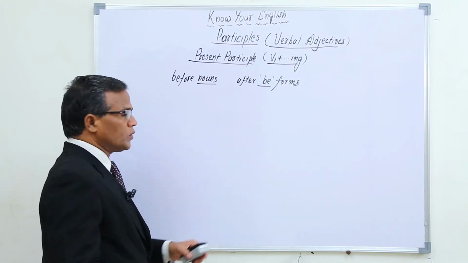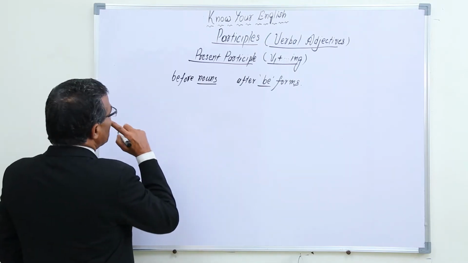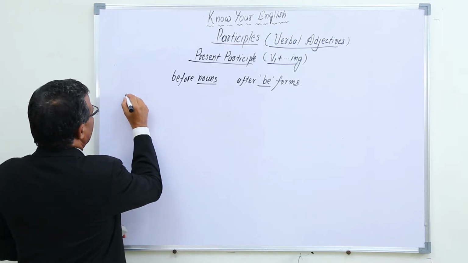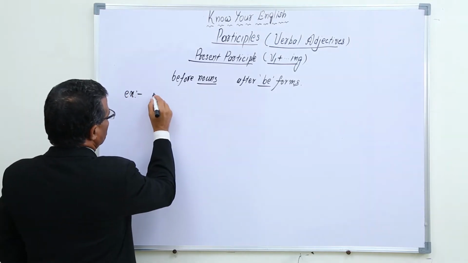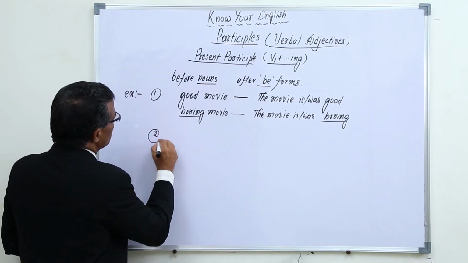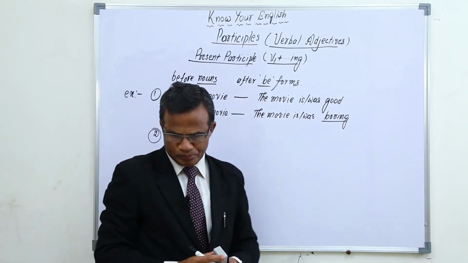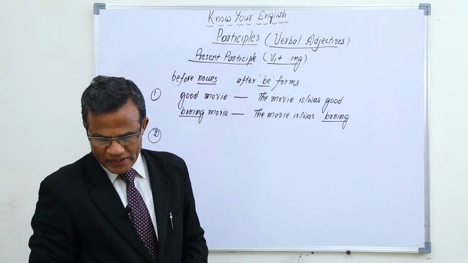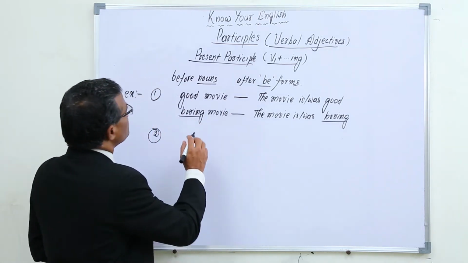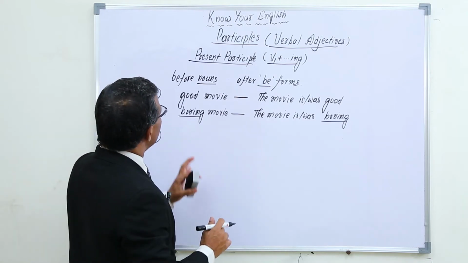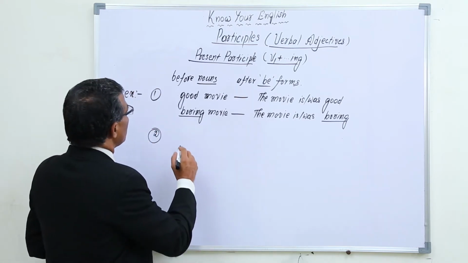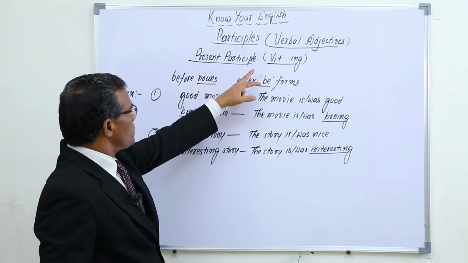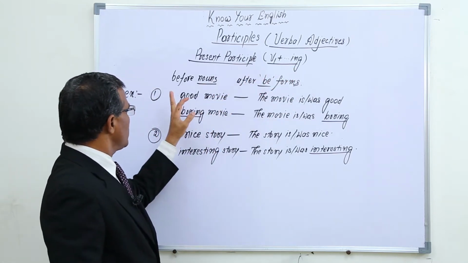Okay, now I will show you in what way we use the present participle in sentences. Number one, example, and let me take one more example also. If I take a good movie, a boring movie, and okay, present participle is V1 plus ing.